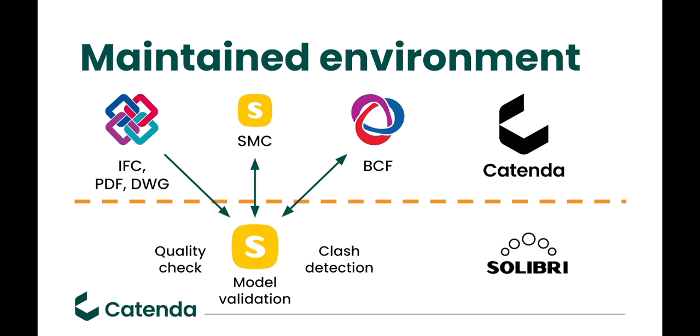So if you're working in your local environment, right, and you're doing your quality check and seeing if the objects are part of your model, you're doing model validation to see if there are properties in your objects, and clash detection to see if the objects in the models are intersecting with each other in ways they shouldn't.